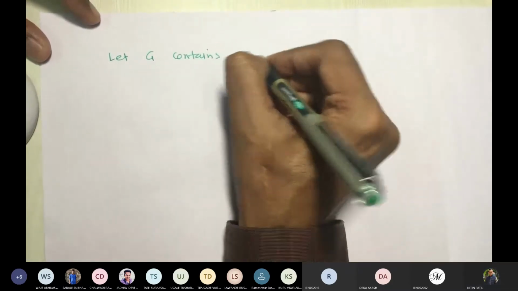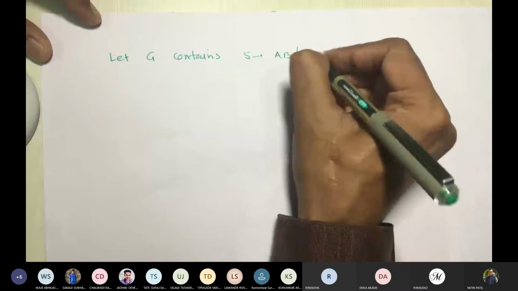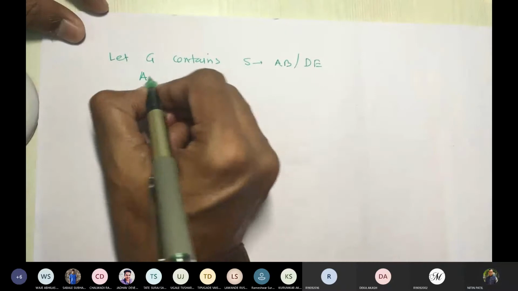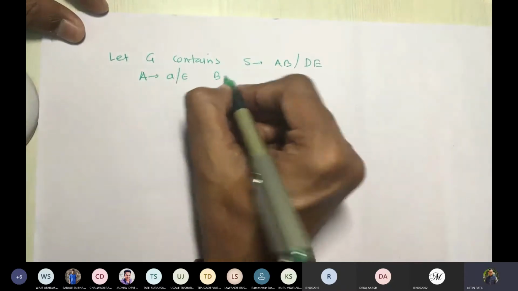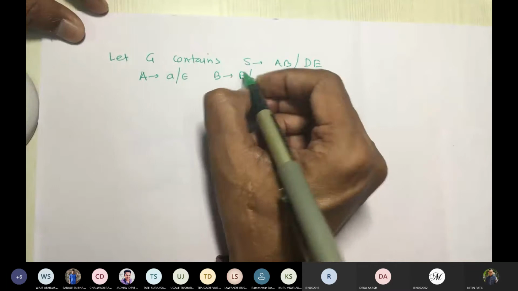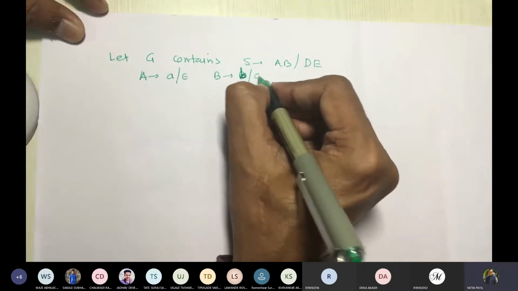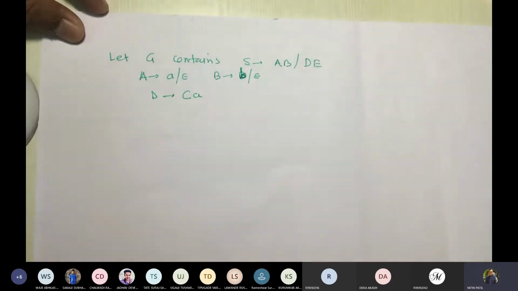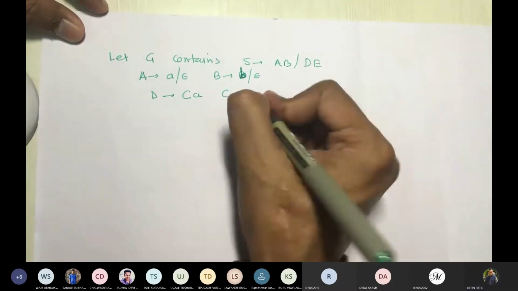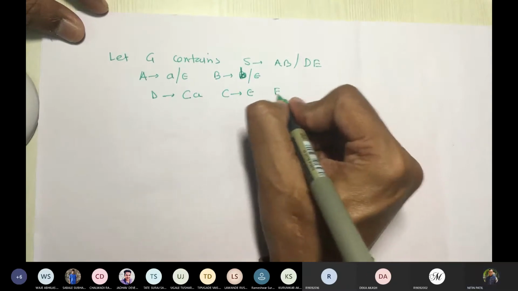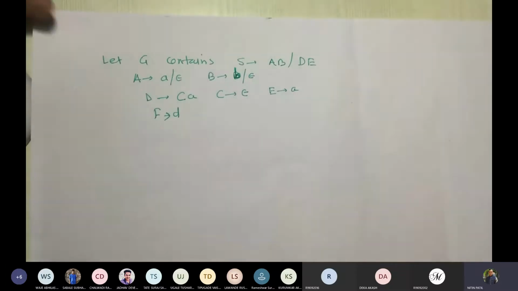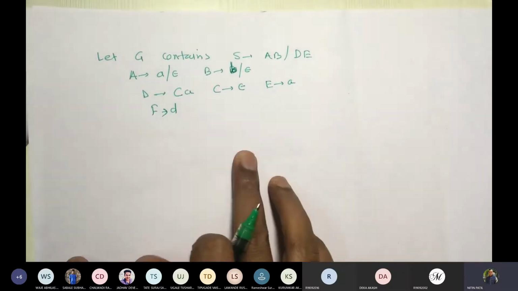Let G contain S, A, B, D. S gives AB, S gives DE, A gives A epsilon, B gives B epsilon, D gives CA, C gives epsilon, E gives A, F gives D. Can you see all these productions?